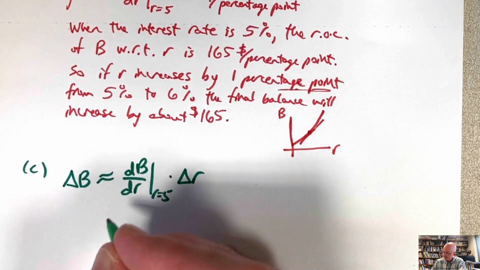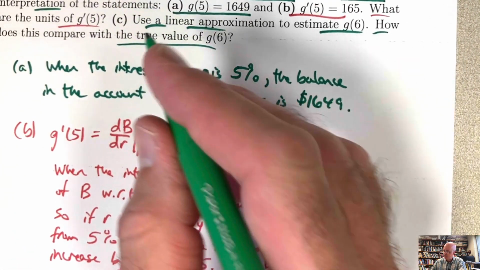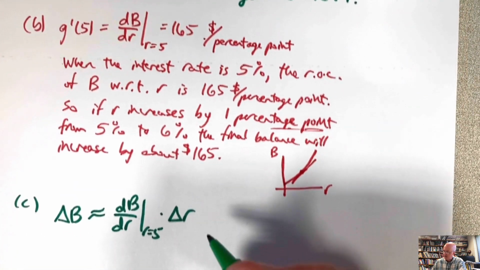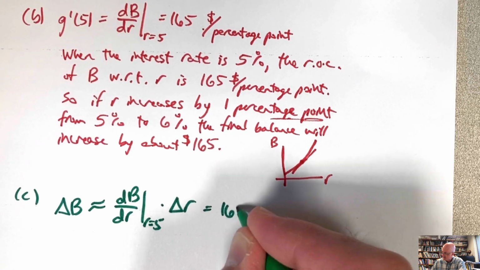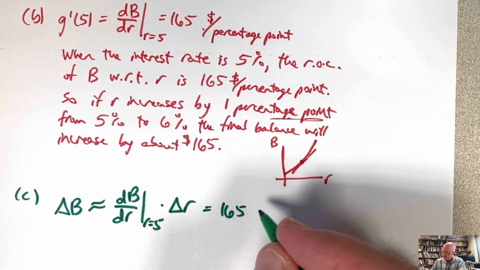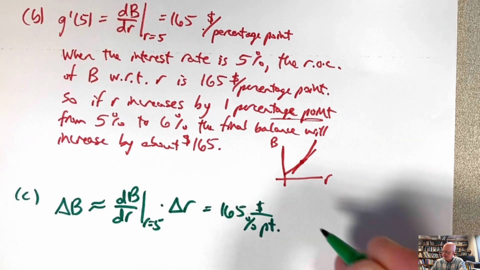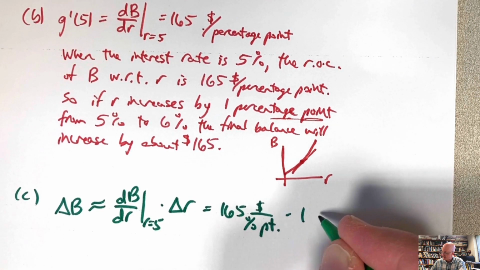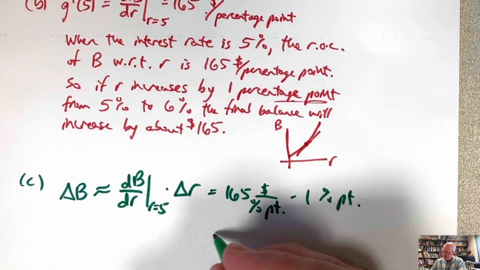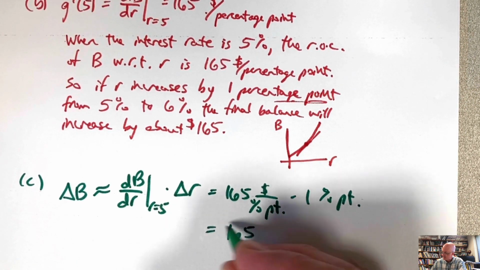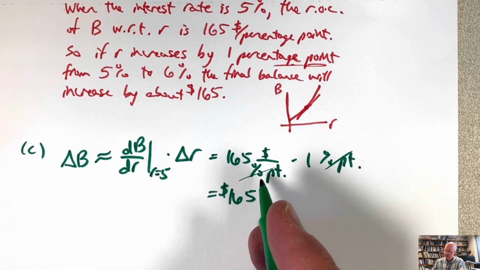So if the change in r is 1, because we're increasing from 5% to 6%, and the derivative is 165, this is $165 per percentage point times 1 percentage point. The percentage points cancel. The change is $165.